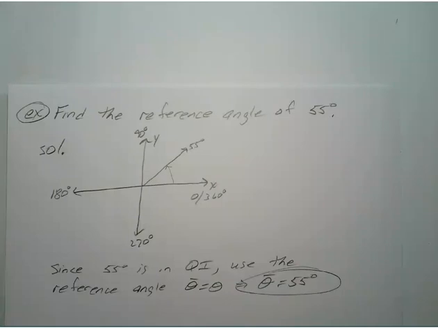So when they're in quadrant 1, the reference angle's pretty easy to find, because it's the exact same as your terminal point angle. If you're still writing, feel free to press pause, but we're going to go ahead and move on to our next example, which makes it a little trickier.